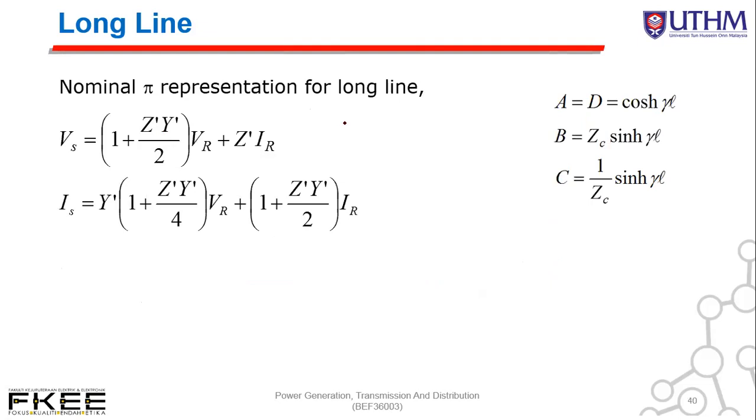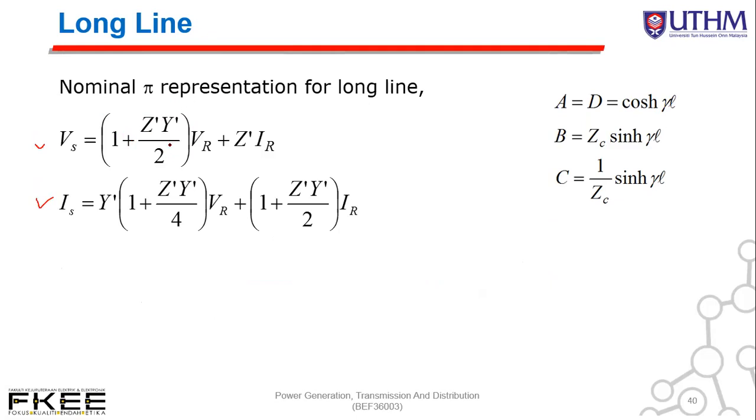So we can represent the nominal pi model for a long line in terms of sending voltage and sending current with this formula. If you recall, for the medium line model, we use A constant, that is 1 plus ZY over 2.